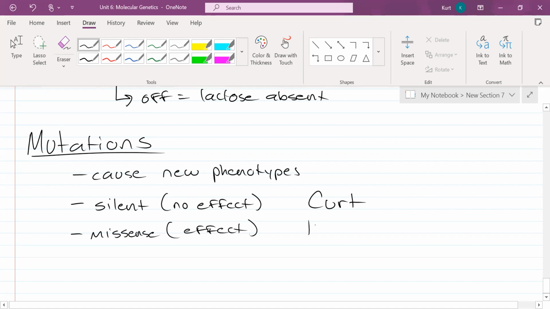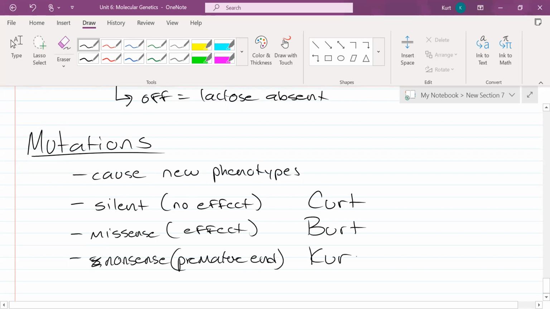So if you change my name to Bert, that would definitely be a missense mutation. A nonsense mutation is where it prematurely ends. So let's say you did K-U-R. It didn't finish Kurt. It had a premature stop codon.